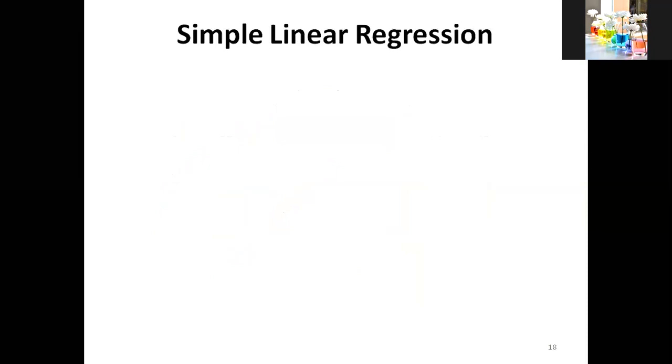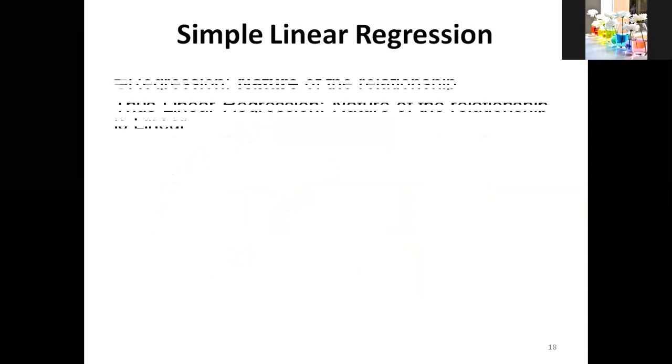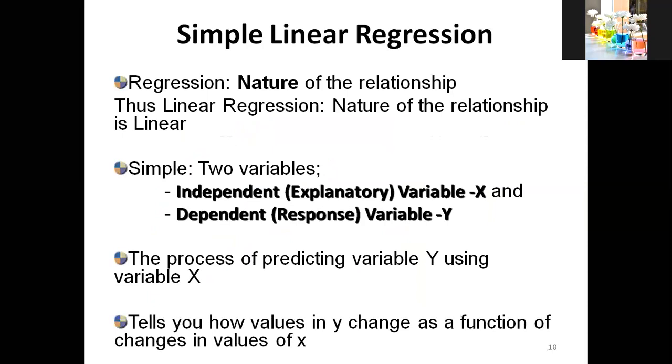So what is simple linear regression? Again, the same slide which I put forward earlier. Each of these terms has a meaning. The nature of the relationship is linear, so that is why it is called linear. And simple means we have only two variables, one x variable and the other y variable.